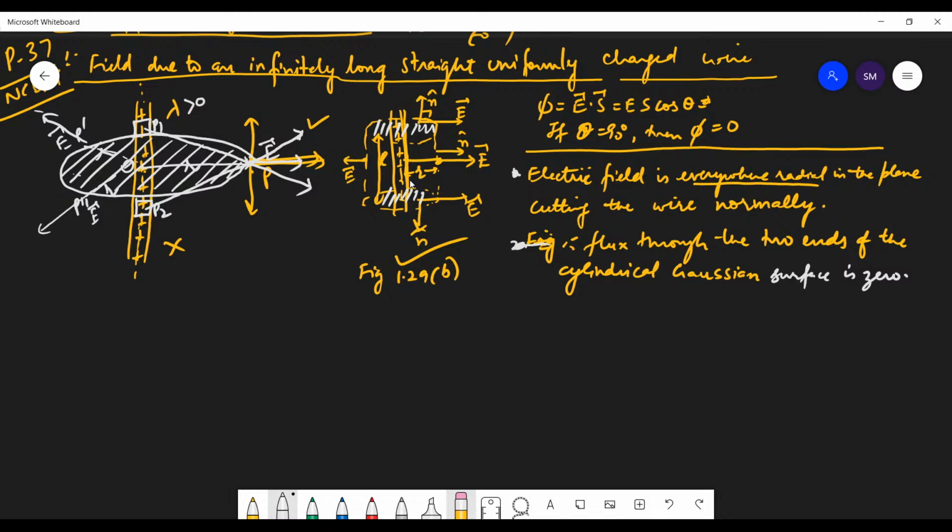As the magnitude depends only on r, this magnitude is constant for all the curved surface at distance r.